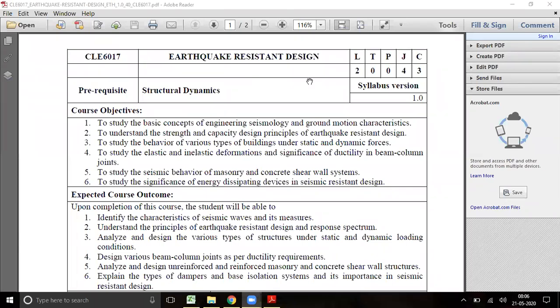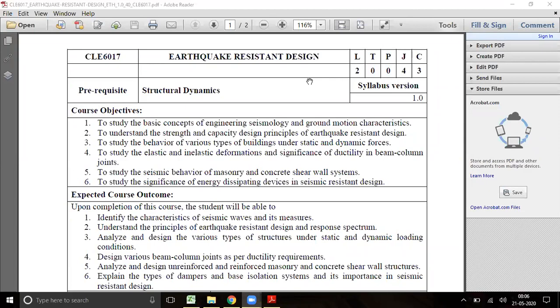But if any partition wall fails in the same ground floor, then nothing will happen to your building. Only that partition wall has to be repaired later. So how the structure should behave under different magnitude earthquakes will come under this capacity design and the strength principles of earthquake resistant design.